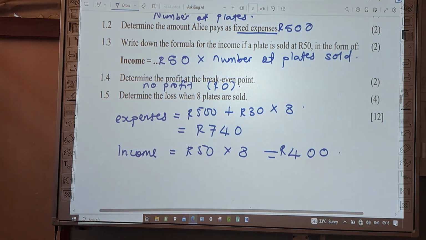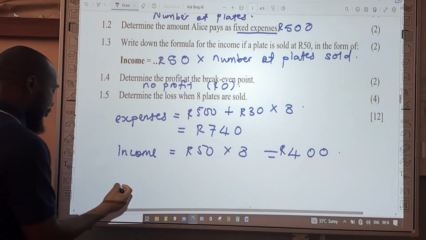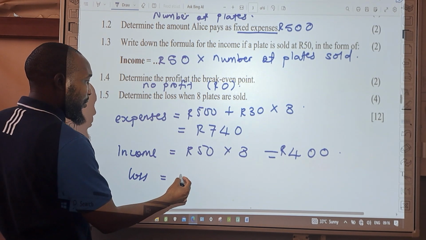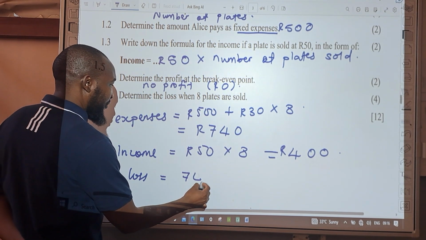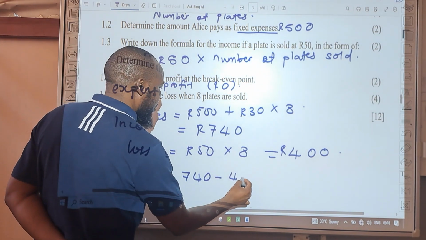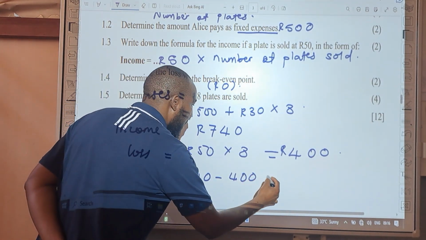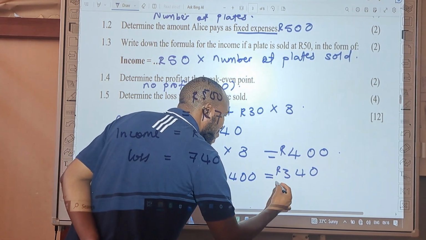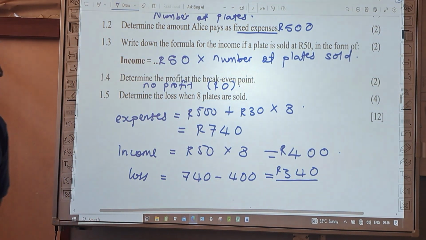So how much are you losing? Now your loss is going to be 740 minus 400, which will give you 340. This is your loss. This is the amount of money that you are losing.